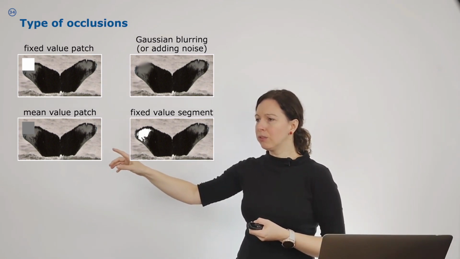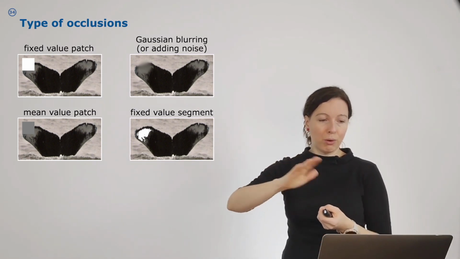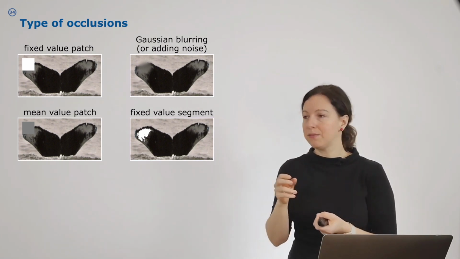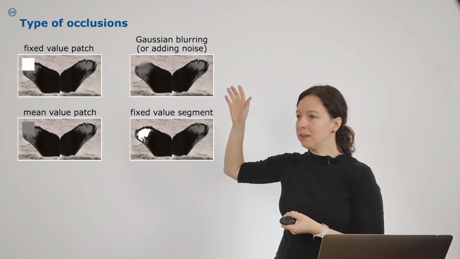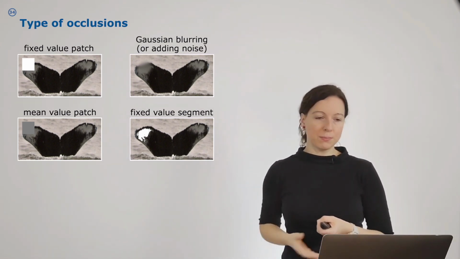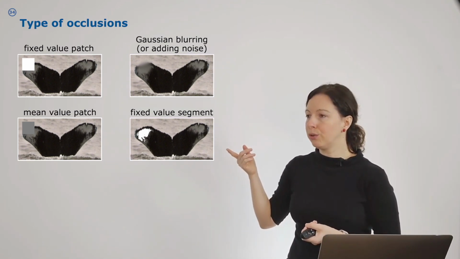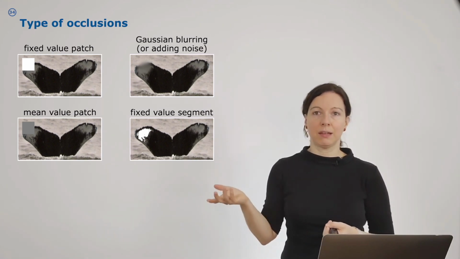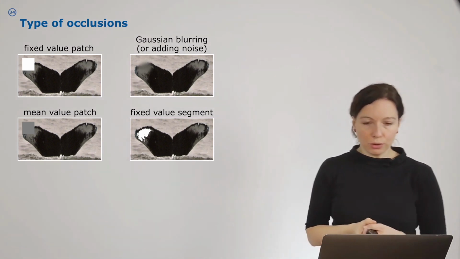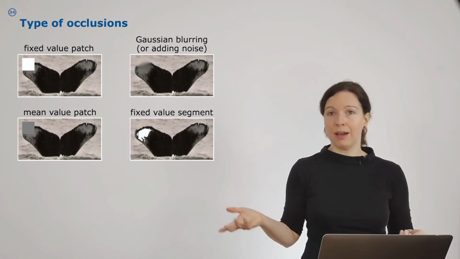A little bit more sophisticated is a mean value patch, because it blends more into the image, but you destroy the actual features in the specific area. Similar to this is Gaussian blurring, or you can also just add noise in a specific area. You're also not restricted to a patch. You can use segments, and then fill the segment with a specific value. These are some commonly used strategies for occlusions, but you need to decide what is most appropriate for your task.